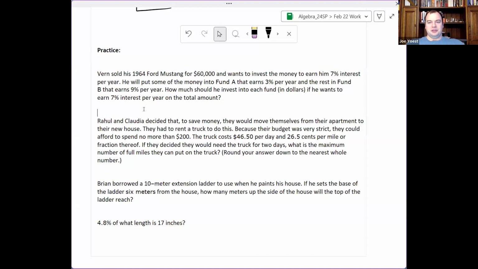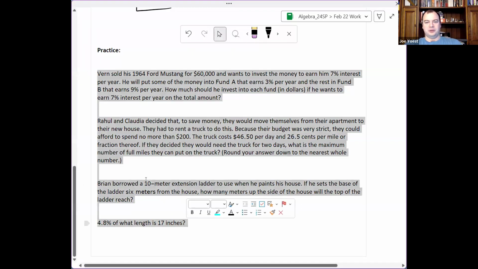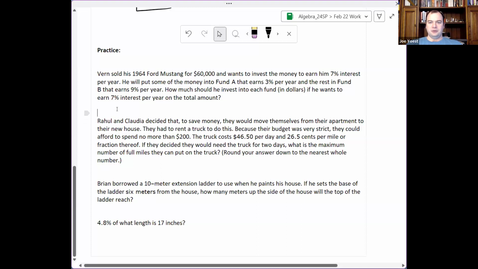But see if you can work through each of these, and we'll probably take about 5 minutes for the first one, come back, talk about it, 5 minutes for the second one, talk about it, somewhere along those lines. But I would recommend first take a couple minutes, go through and see if you can label each one with what section it's from, what model or formula might be the main one that's going to be used there, and then go through and start solving them.